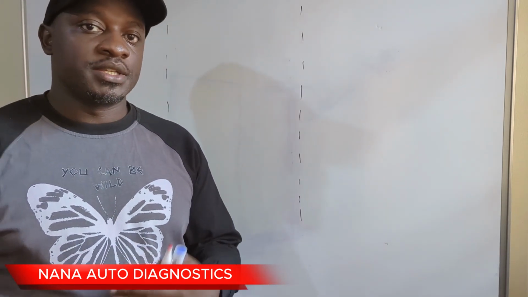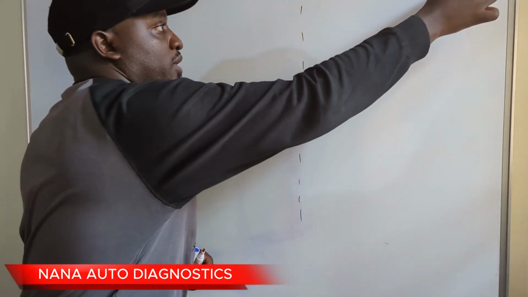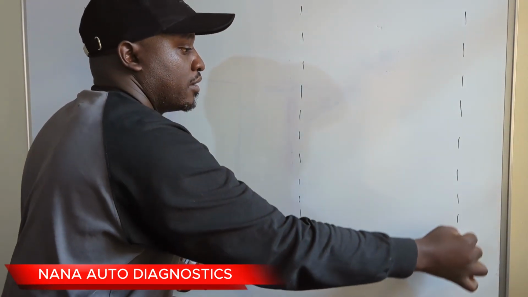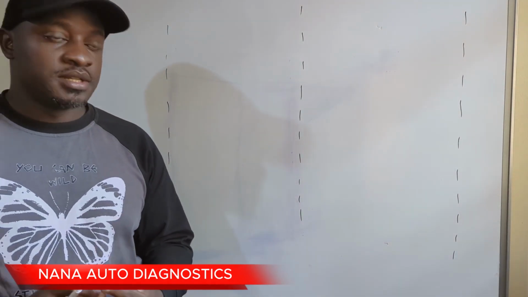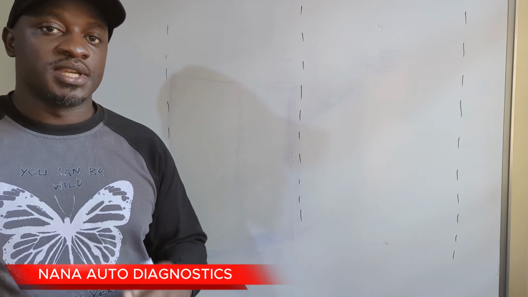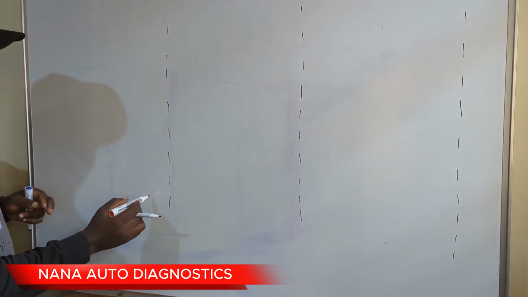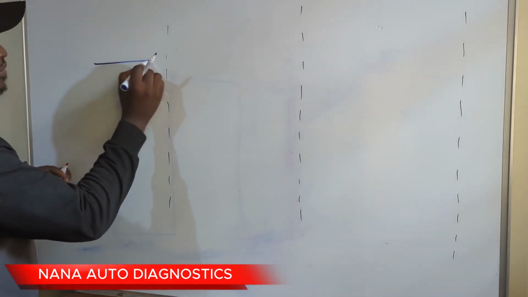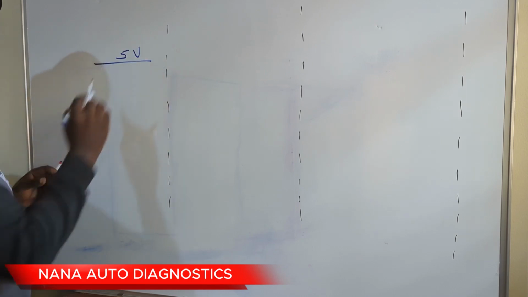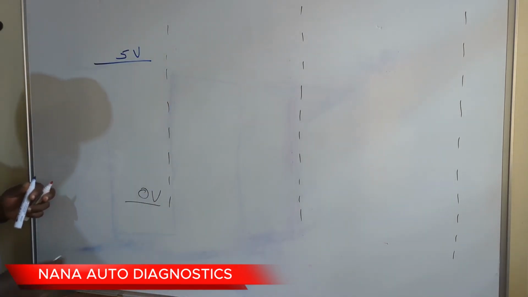So let me create two time intervals, which is this one and this one over here. And remember, we said that this communication protocol uses two wires. So on one wire, we're going to have five volts, and on the other, we shall have 0 volts.